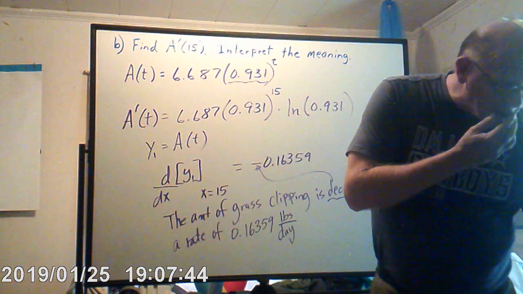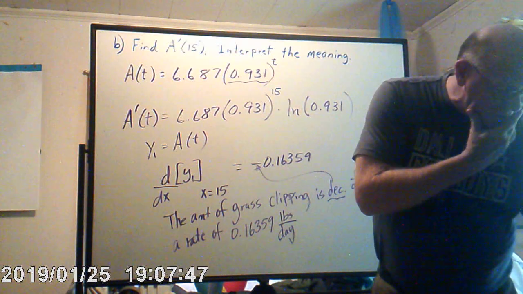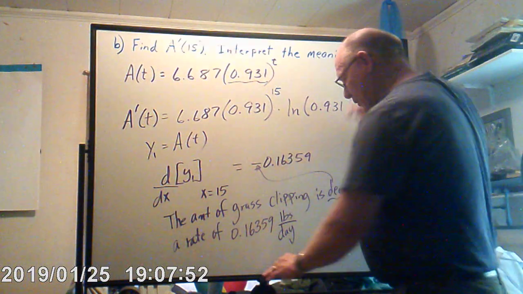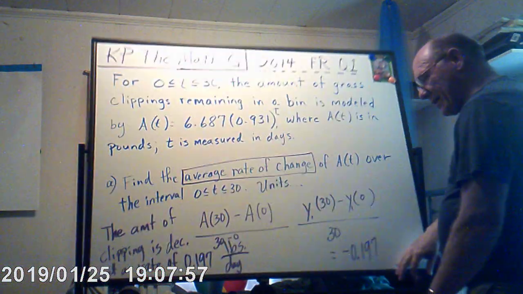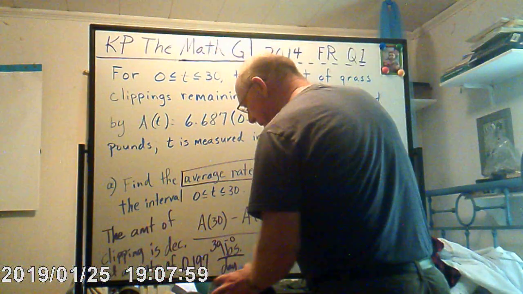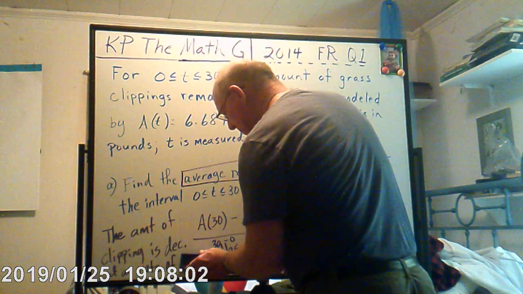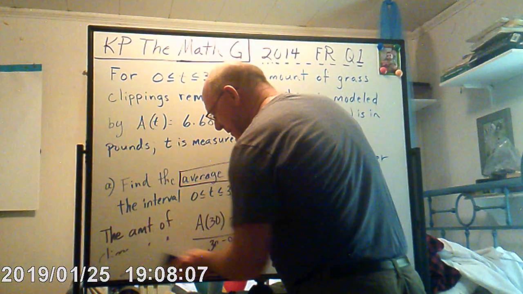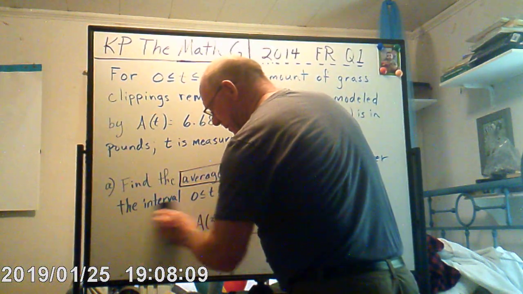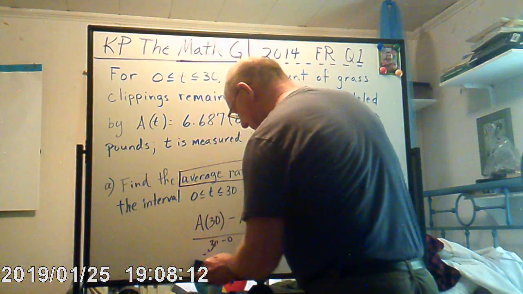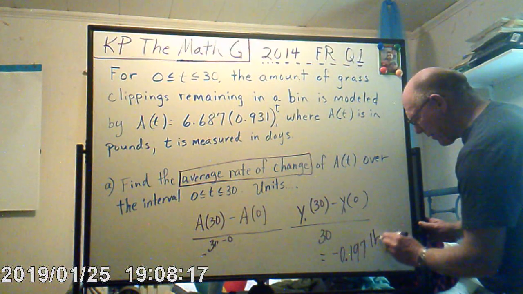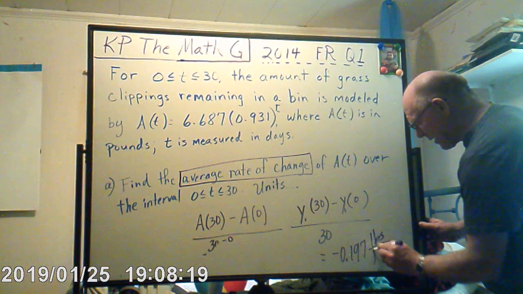I think on the first one, you didn't have to explain anything. You just had to get the correct unit. So on the first one here, I just looked at that. You just really need to put the correct units there. Okay, and sorry about that. I was looking at B while I was looking at A, and you don't have to have all of that. You can just put down right here, pounds per day.